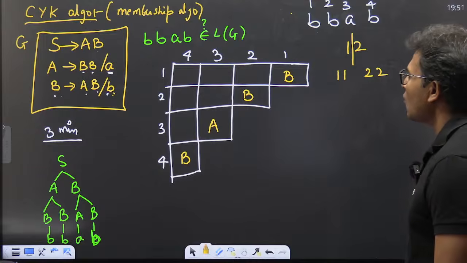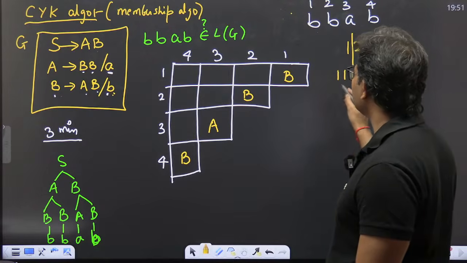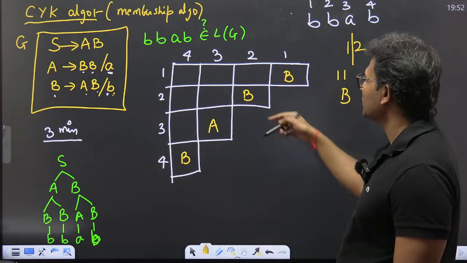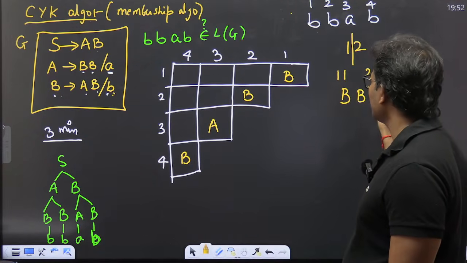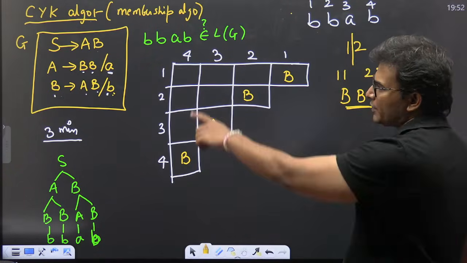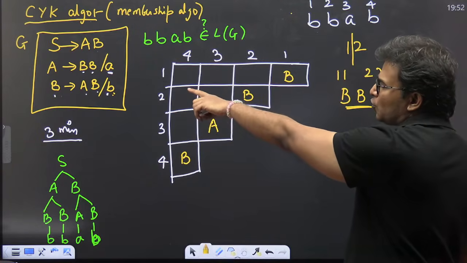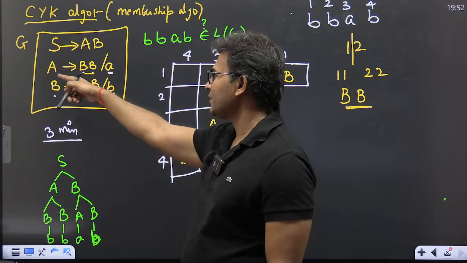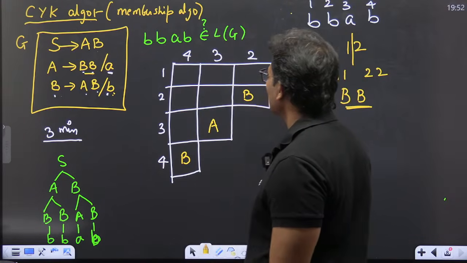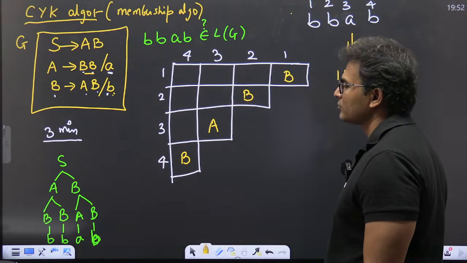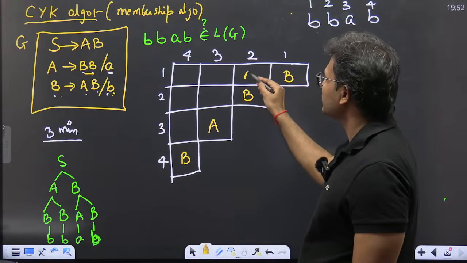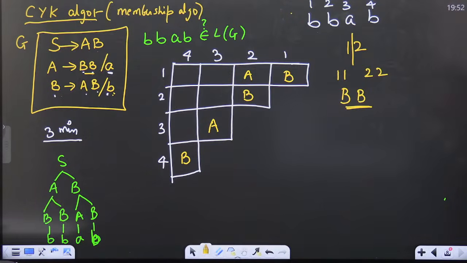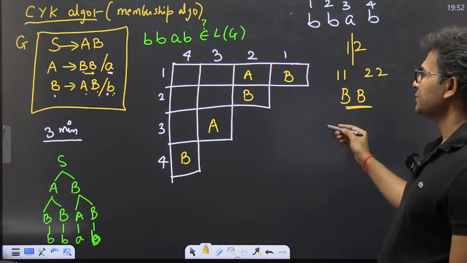Now what is 1 1? 1 1 is B, and what is 2 2? 2 2 is also B, right? So we got BB. Now look at that. On the right hand side, BB is present at only one place, and its left hand side is A. So you are going to put A in 1 2, right? Now similarly you do the others.